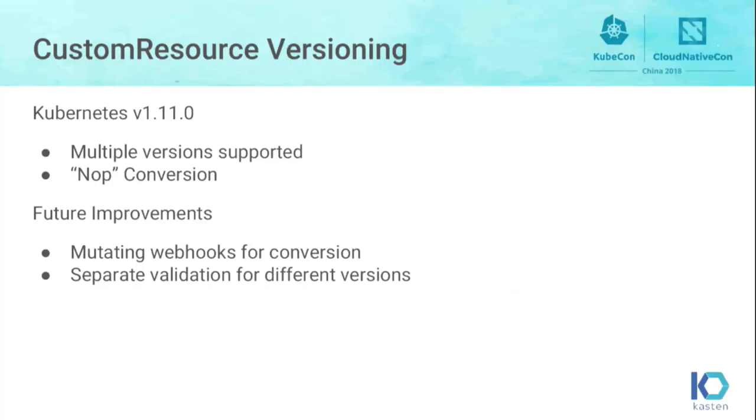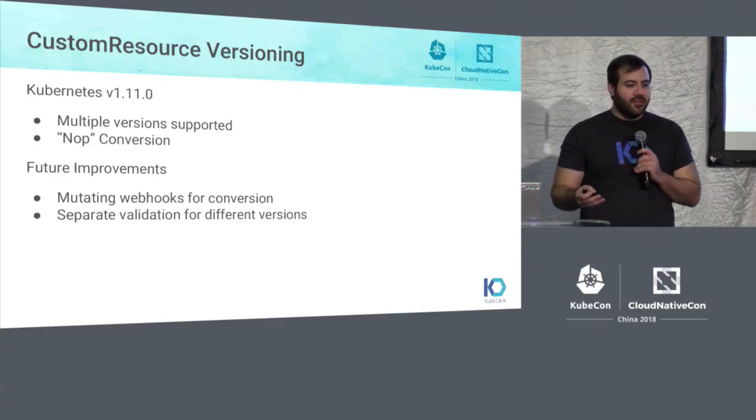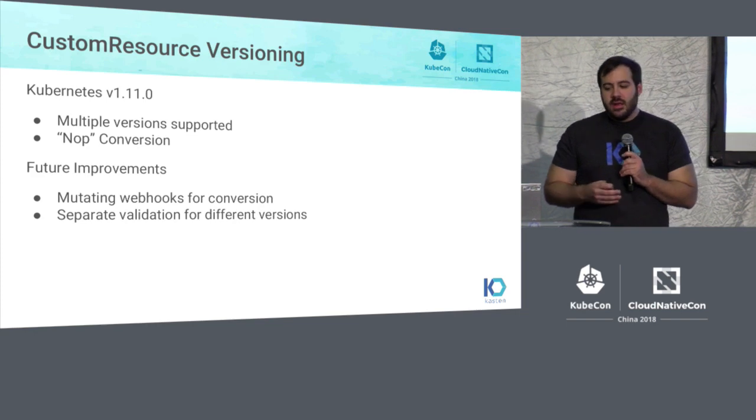Thanks, Ilya. Another big issue we hit when developing our operator was custom resource versioning. Custom resources have a different versioning scheme than core API objects. One thing we did initially was make constant schema changes to our API objects. This caused problems if there were existing objects in the cluster that had different schemas. Things would break in kind of random ways.